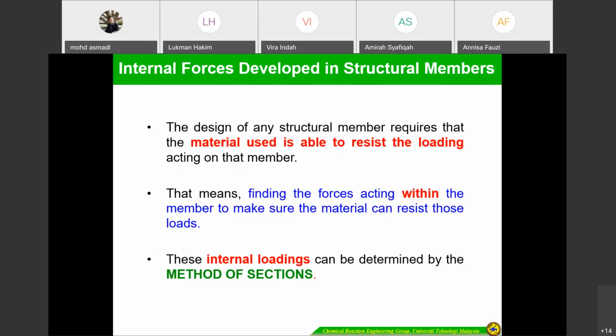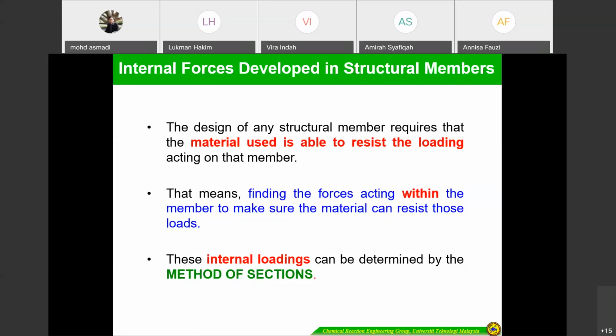We have to analyze the force that we introduce to the members so that we can determine the minimum force, so that we can reduce the cost. This internal loading can be determined by the method of sections. The advantage of the method of sections is that we only analyze a certain part, our target section.